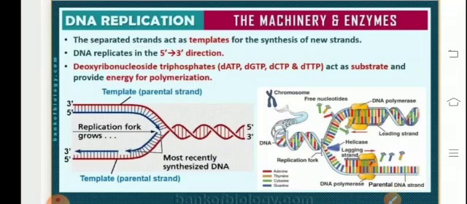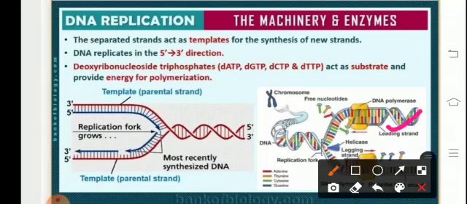The synthesis is in the 5' to 3' direction. One strand is continuously synthesized, and that is referred to as the leading strand, with continuous synthesis. In case of the other strand, because DNA polymerization only takes place in the 5' to 3' direction, the strand being synthesized is the lagging strand.